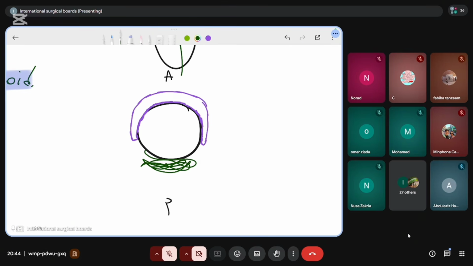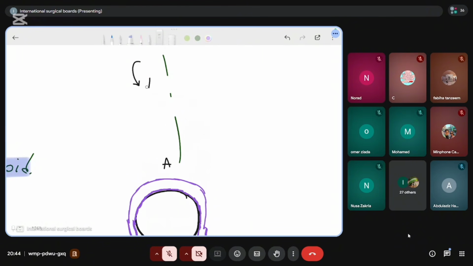But sometimes the tunica vaginalis goes way back and invests the whole testicle. It's like this. The tunica vaginalis goes way back and invests everything, and the testicle basically is swimming inside.